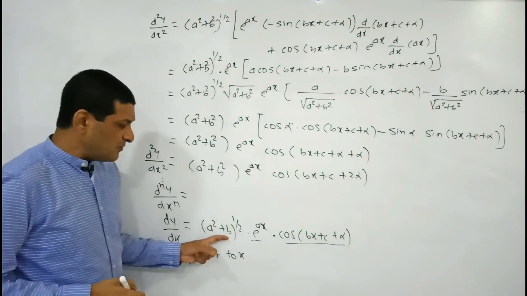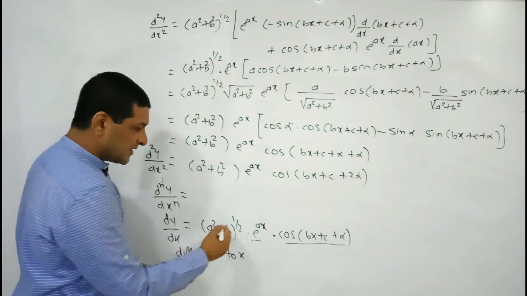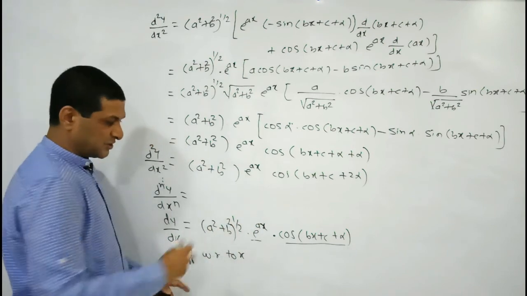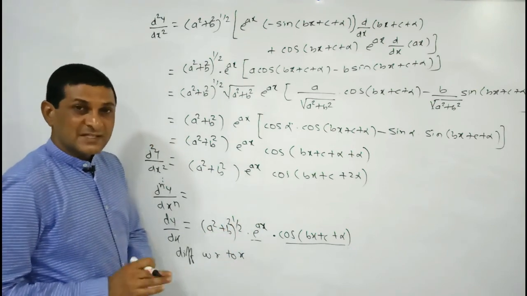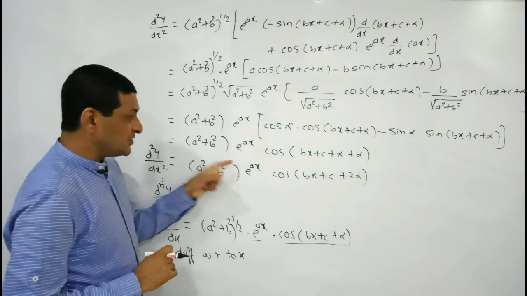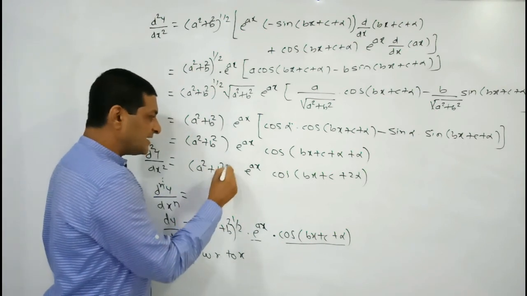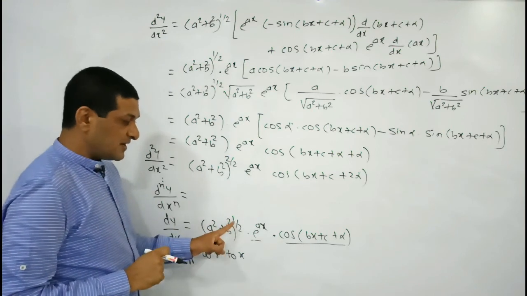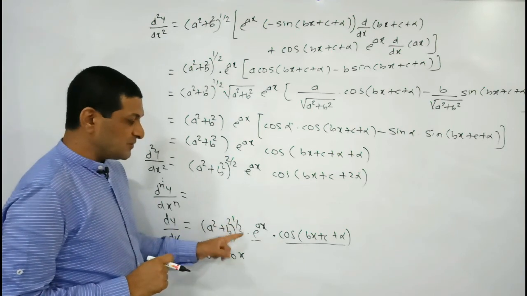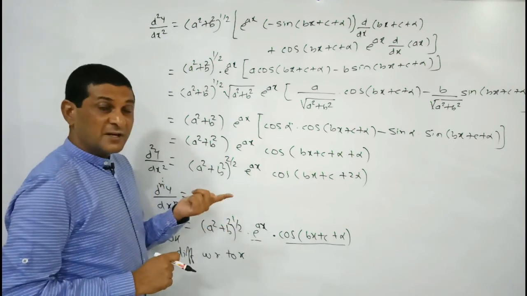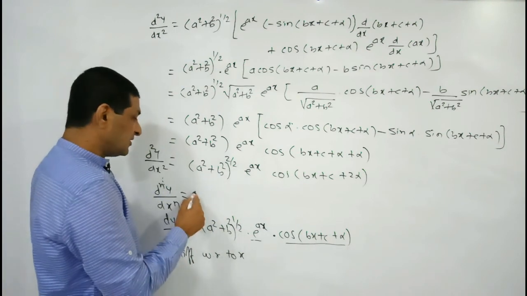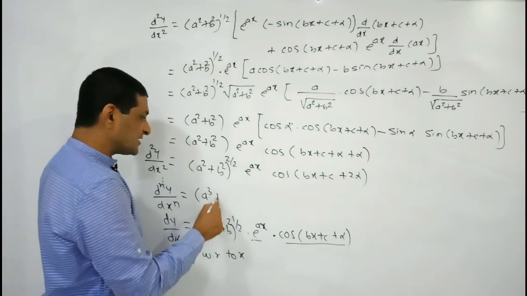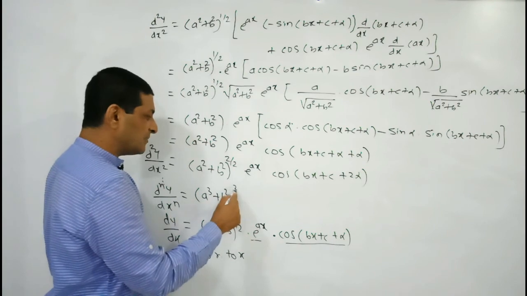What is the power of a square plus b square in this expression? Will be 1 by 2, isn't it? 1 by 2, and here power is 1. Can I write it as 2 by 2? Okay, so here in first order derivative, power of a square plus b square is 1 by 2. In second order derivative, 2 by 2. Means in third order derivative, this power will be 3 by 2.